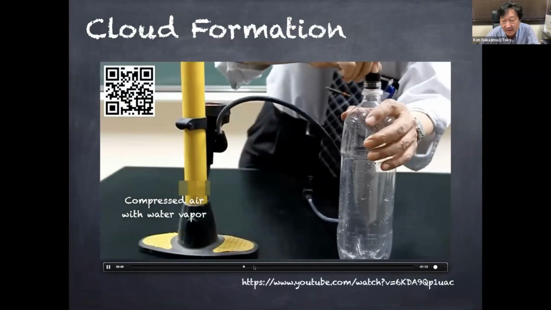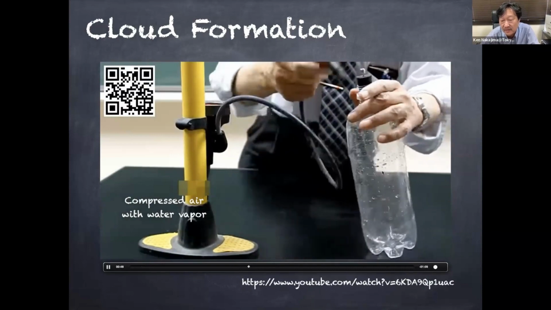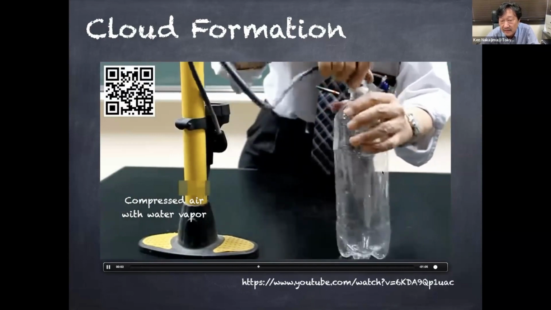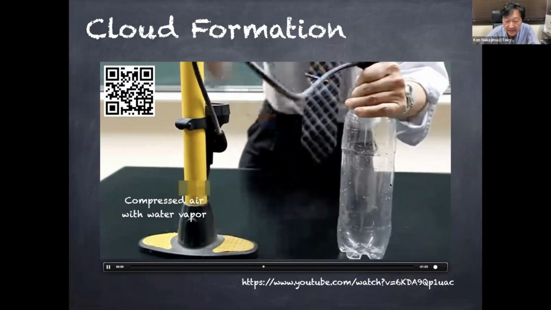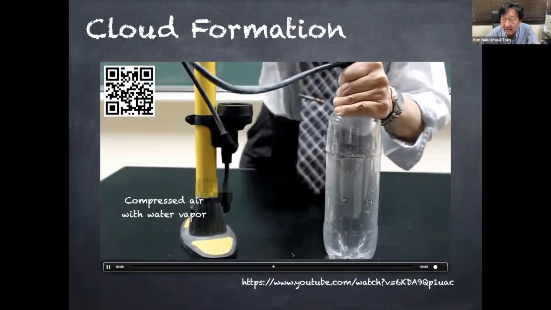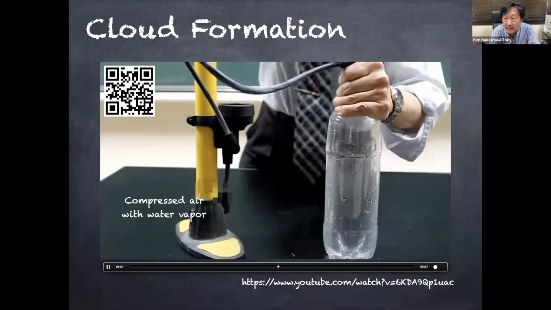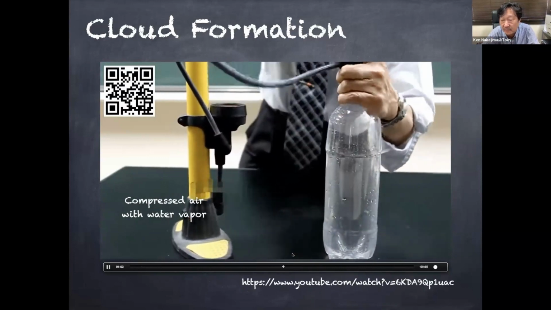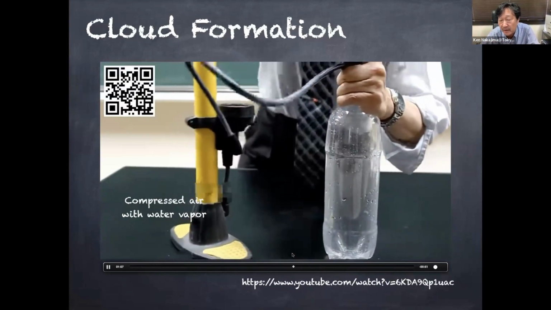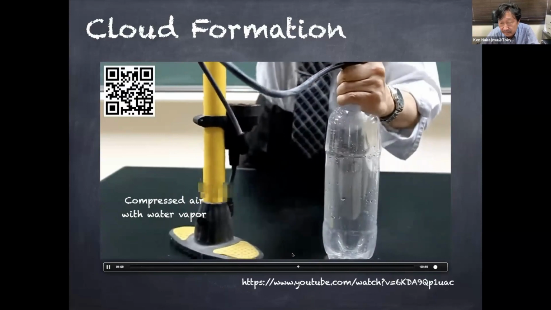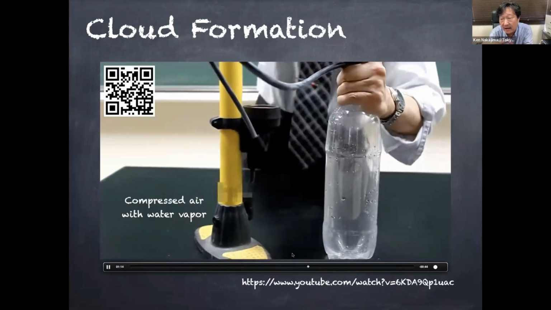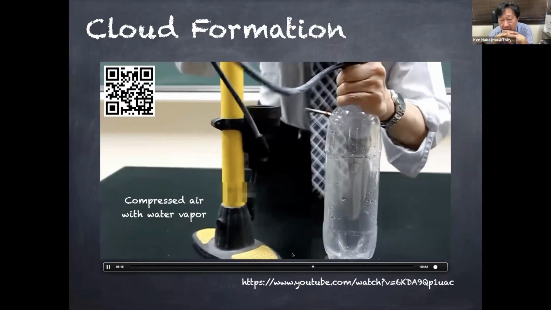Now, inside of this bottle, there is air full of water vapor. Then he now starts to give pressure. Then once the pressure inside the bottle gets high enough and goes beyond the maximum, the explosion occurs and the inside air starts to expand.